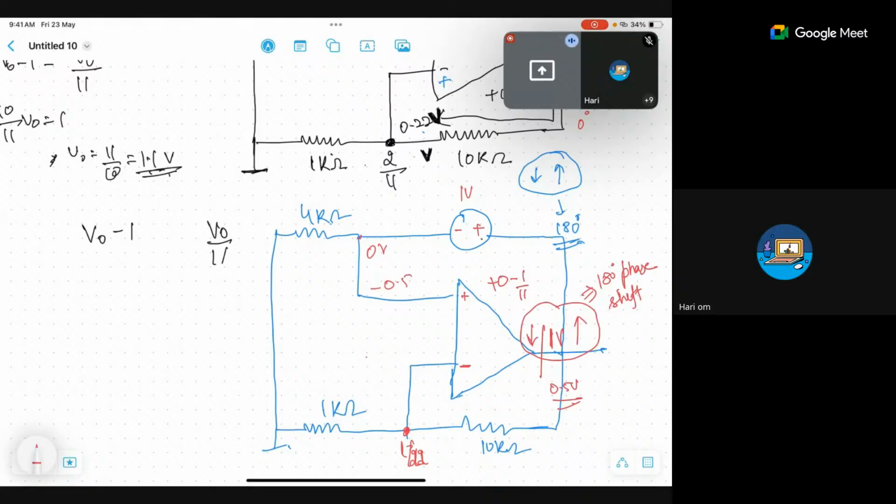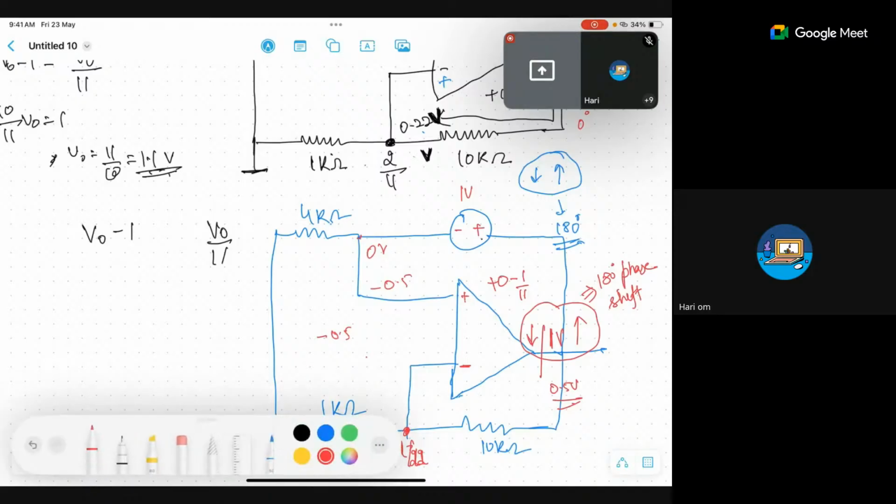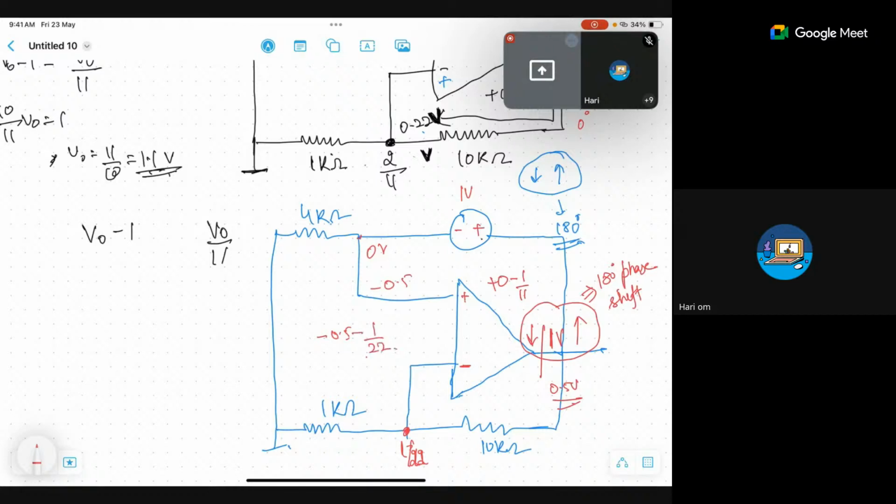If minus 0.5 is multiplied with positive, we are getting minus 0.5, and this voltage is also multiplied with negative, so minus 1 by 22. So we are getting the negative voltage. Similarly, if we apply less than 1 volt, increase the voltage by less than 1 volt.